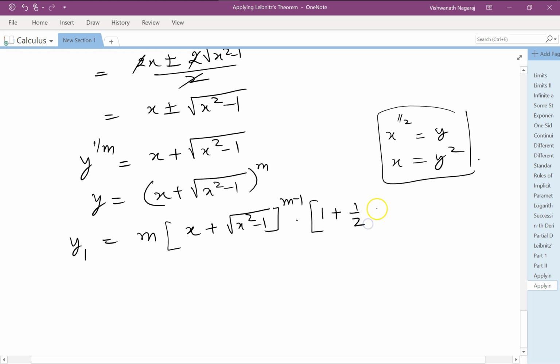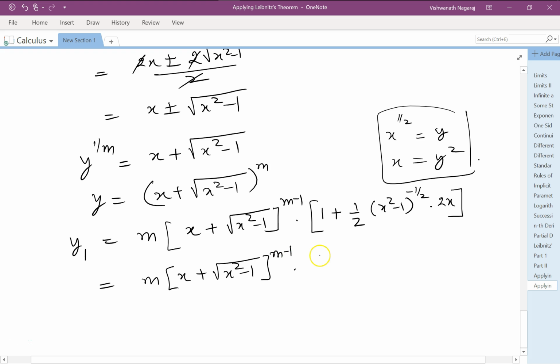So 1 by 2 times x square minus 1 to the power of 1 by 2 minus 1, that means minus 1 by 2, times the derivative of whatever is inside the square root, and that is 2x. So now m times x plus square root of x square minus 1 to the power of m minus 1, times, this 2 gets cancelled, 1 by square root of x square minus 1 times x. So this becomes x.